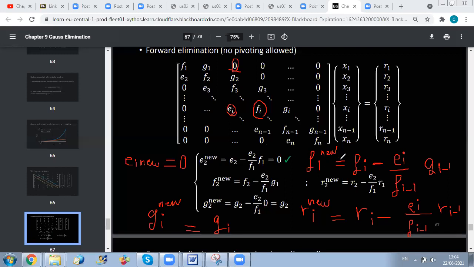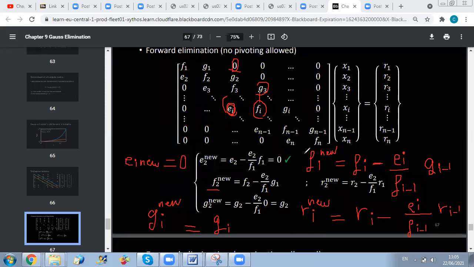The F will be updated, and the general rule to update F is Fi new, okay, is Fi old minus the factor, which will be when you want to eliminate Ei. What will the factor be? Ei over Fi minus 1 times, okay, now you multiply the factor by the element in the pivot equation in the same column, which is G. So when you want to update F2 you do F2 minus E2 over F1 times G1.